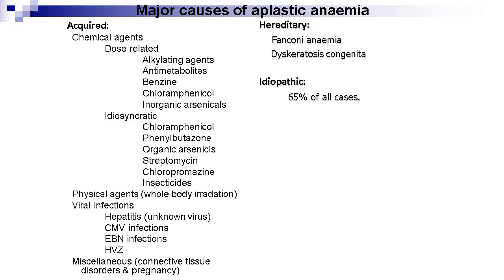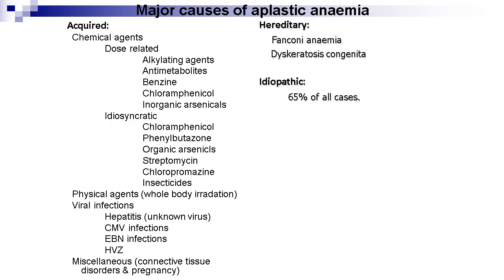A small group are due to inherited bone marrow failure syndromes like Fanconi anemia, not Fanconi syndrome, and dyskeratosis congenita. A lot of acquired causes can cause aplastic anemia.